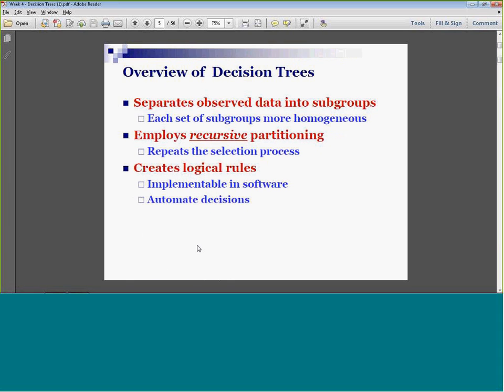Now, what exactly does a decision tree do? Well, as you know from seeing, and we're going to go through an example or two, you basically start out with a big blob of data, and let's stick with the classification approach.